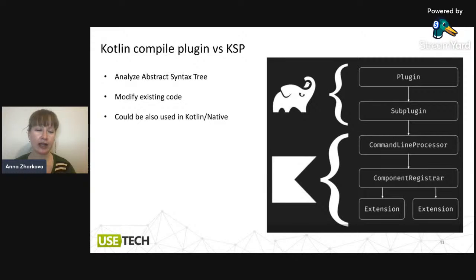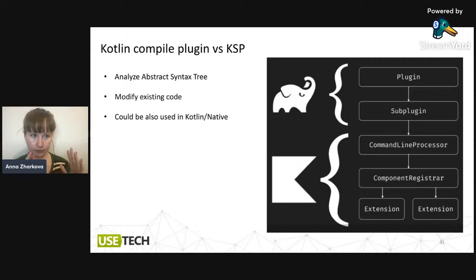Kotlin compiler plugins are another technology that could be used for processing code and creating some optimization. It's also a mechanism of reading and analyzing the abstract syntax tree, which is analyzed and read directly. But the main difference from the previous solution is that we're not creating and generating new files, new sources. We modify existing code.